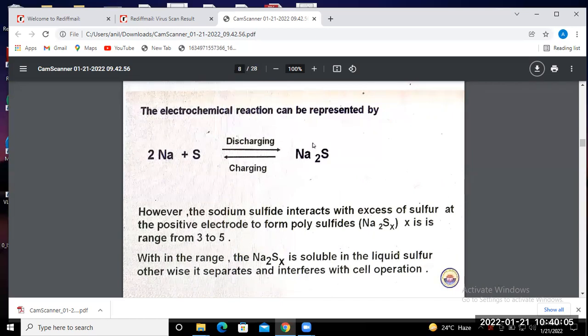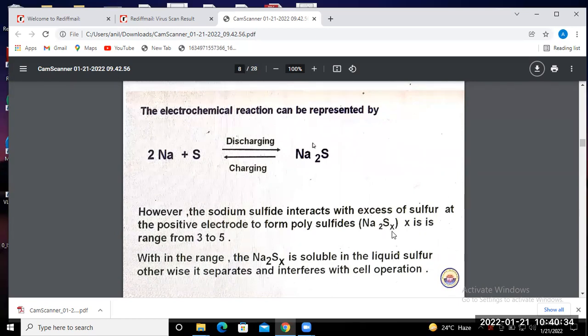However, the sodium sulfide interacts with excess sulfur at the positive electrode to form polysulfide, that means Na2Sx, where x ranges from 3 to 5, maybe S3, S4, S5. Okay, so here the value of x you may put as either 3, 4 or 5.